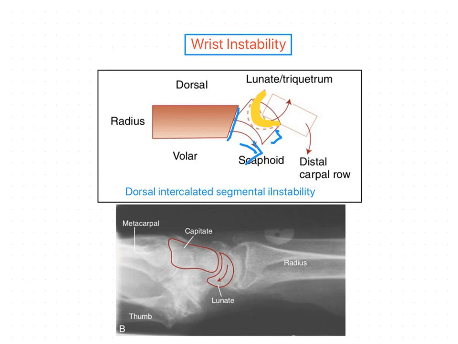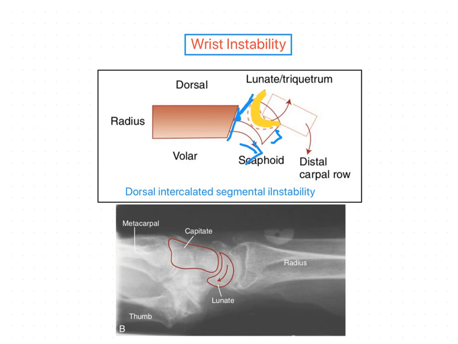Here, the base of the flexed scaphoid slides dorsally on the radius and subluxes. If you can see, the entire scaphoid should be in contact, but here it is not in contact.